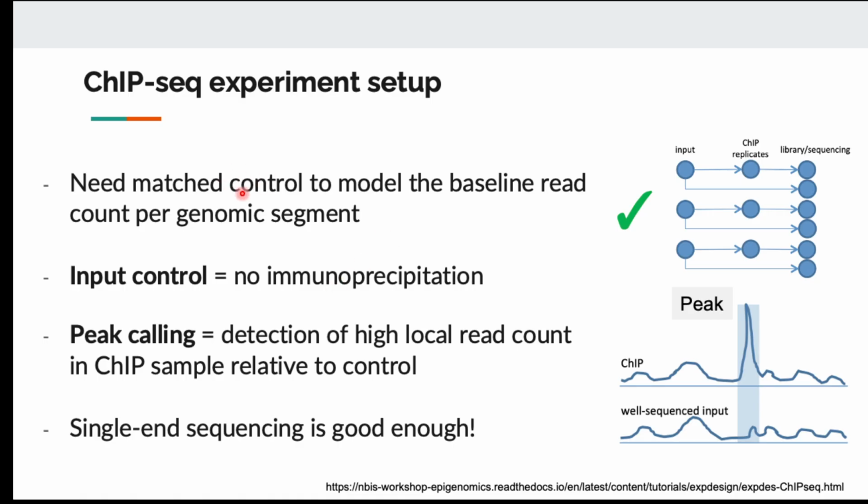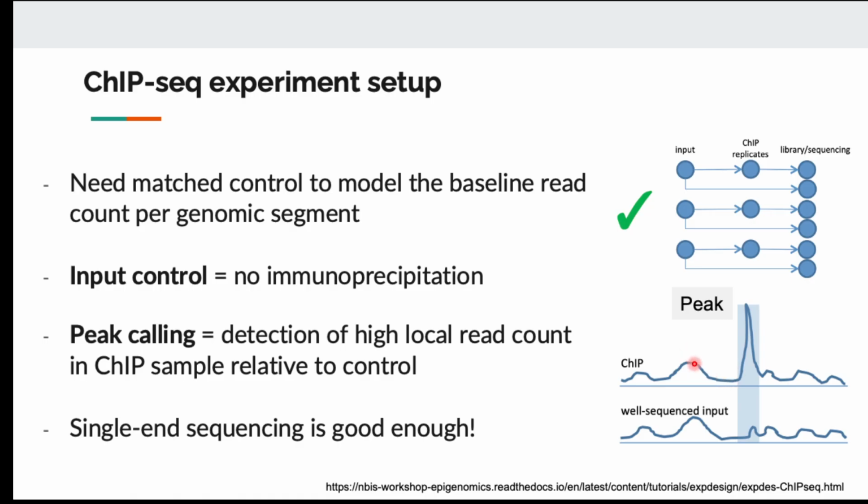So that's our control. To look at a visual example, if you have your ChIP-seq data, you are going to have a lot of reads, a lot of sequencing data, where the transcription factor binds. But in some locations, because of PCR bias or the sequencing platform, you're going to have more reads at certain locations compared to the rest.